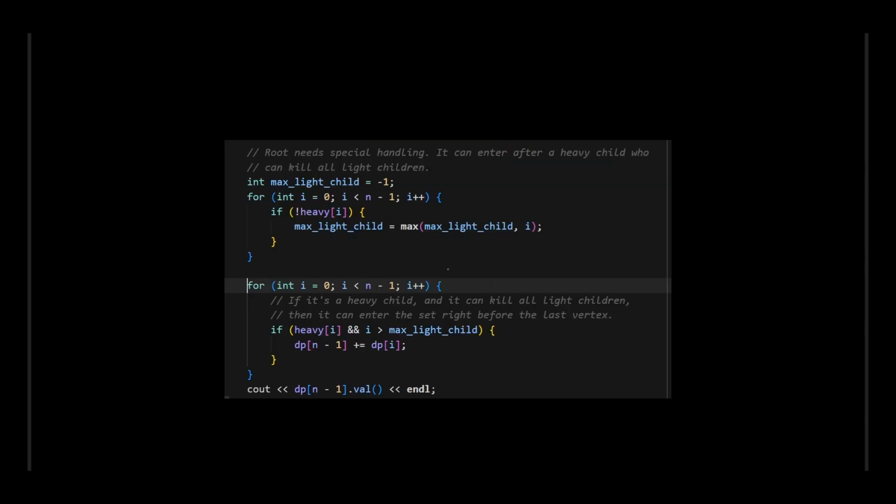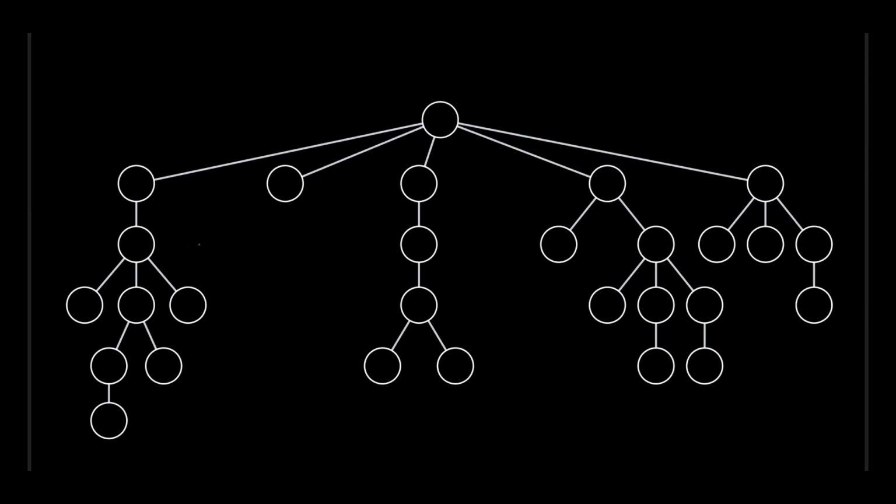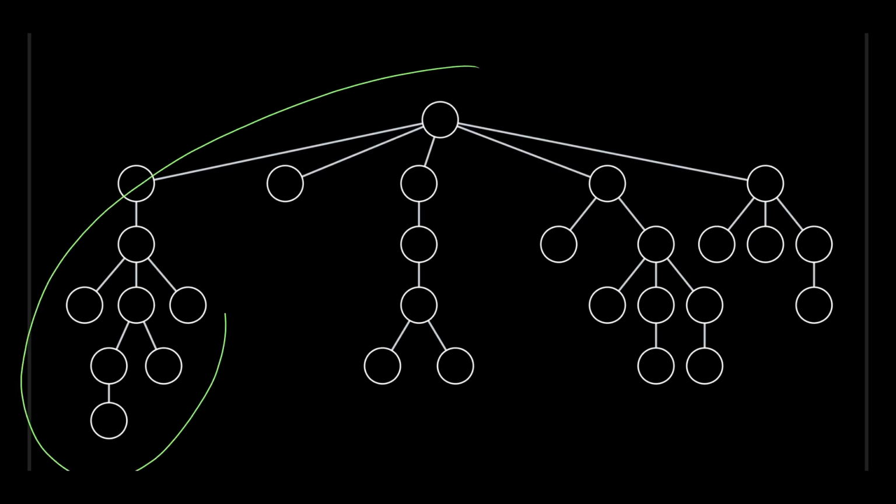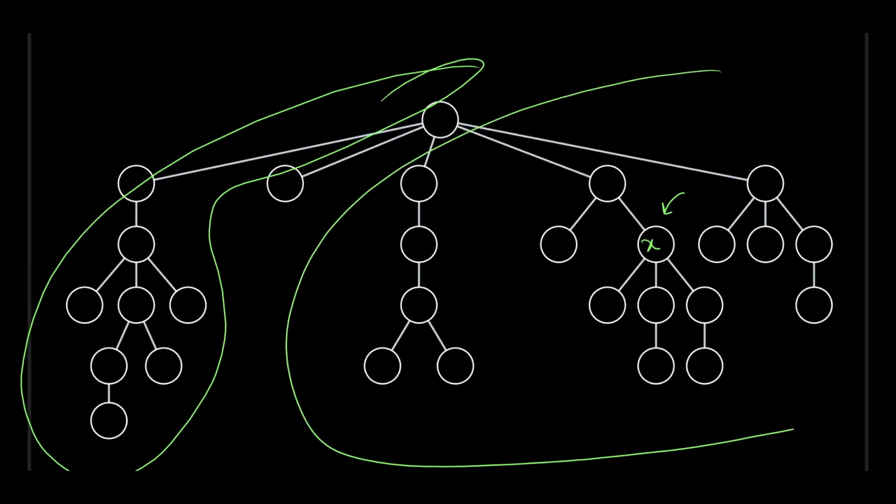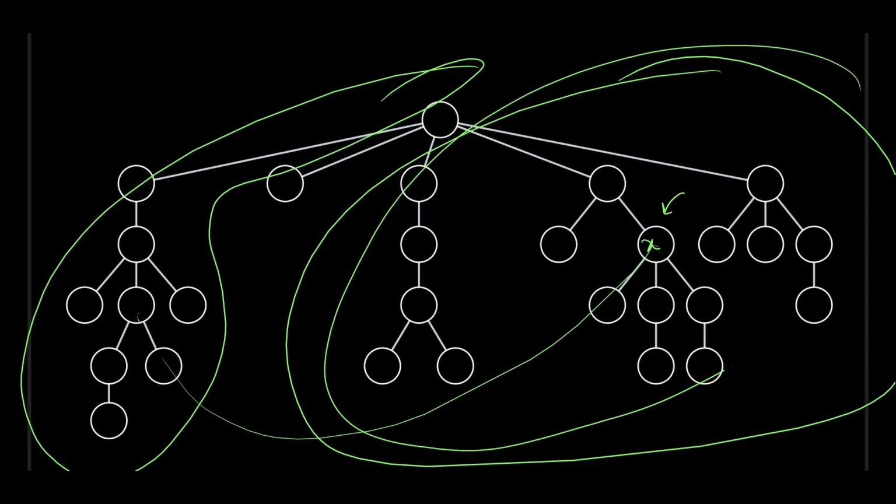And then finally, you want to find out what is the maximum value in the light children. If this is your light set and this is your maxima, then if you can clear this maxima, you can clear this entire subtree and you can expose this root, right?